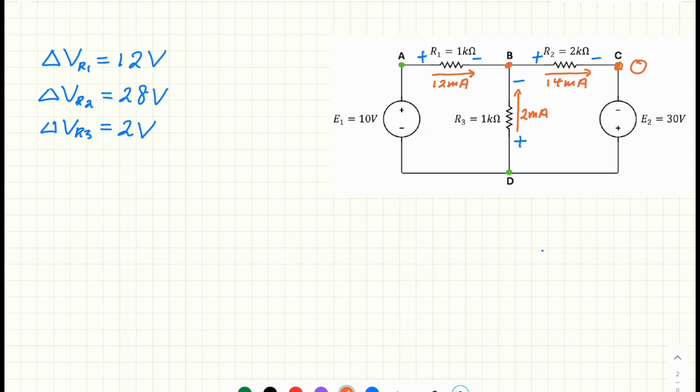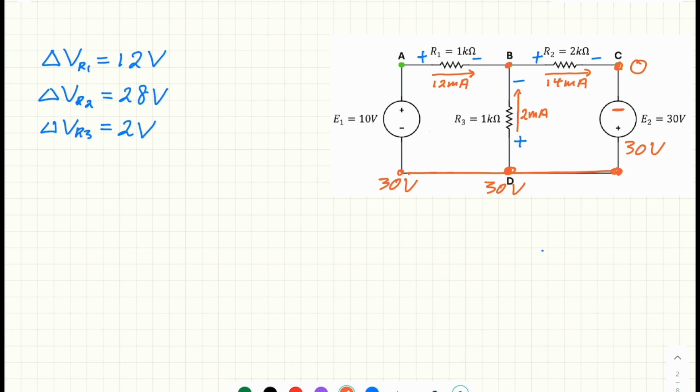Now, let's check for R2. This is 30 volt and this is 0. So I can say at this point, this is 30 volt. And this is consistent. This is 30 volt, 30 volt, the same voltage.